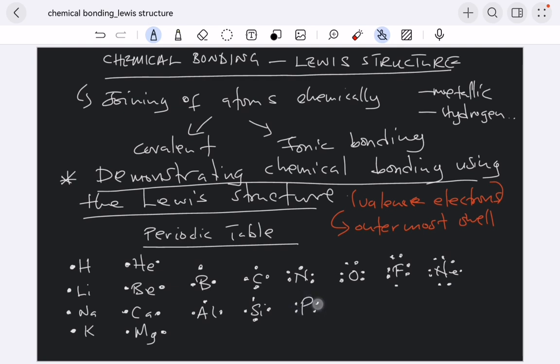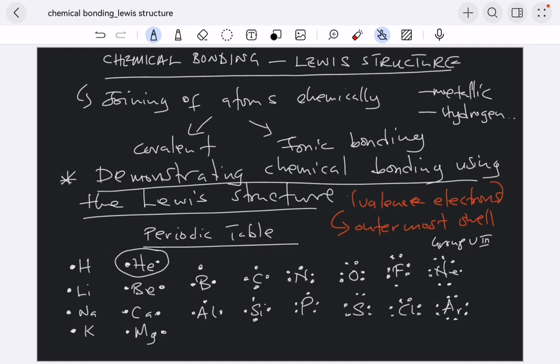Phosphorus will have 5. Sulfur will have 6. So this is just the Lewis structure of these particular atoms. We are just interested in the electrons in the outermost shell. Obviously, we understand that helium is part of group 8 or group 0. It's part of the noble gases.